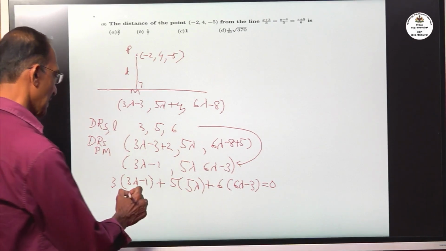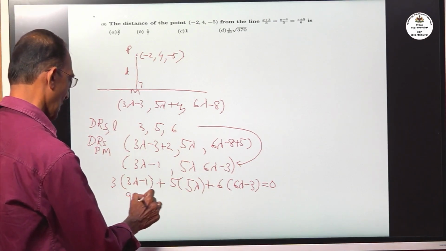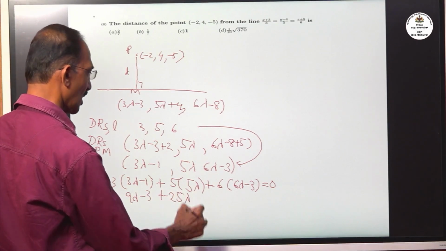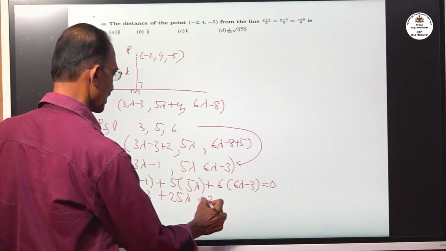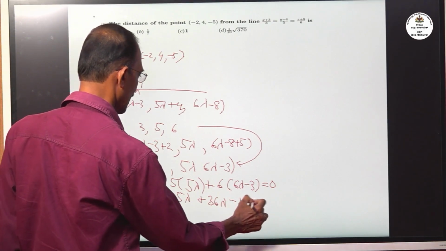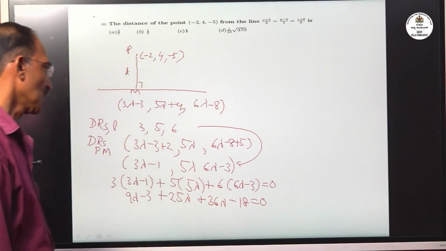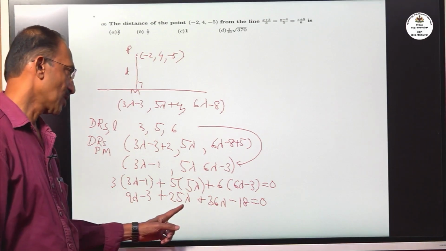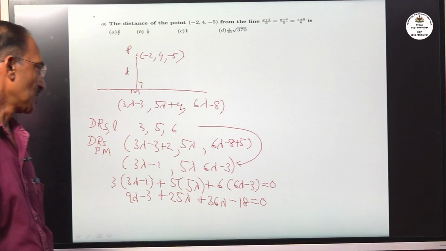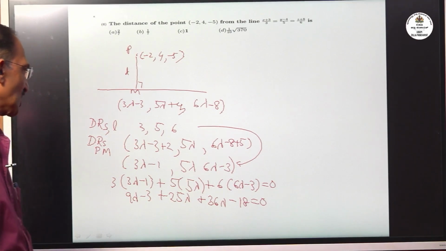So 9 lambda minus 3 plus 25 lambda plus 36 lambda minus 18 equals 0. So 36 plus 25 plus 9 gives 70 lambda.